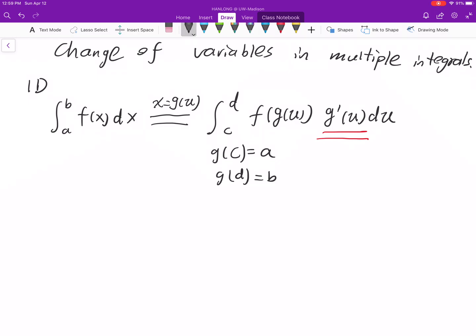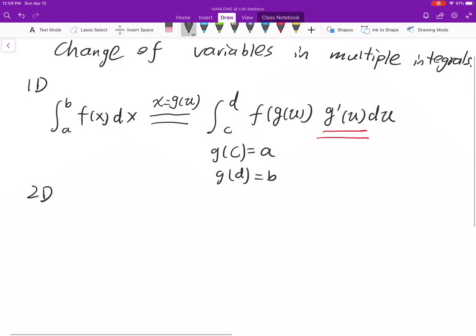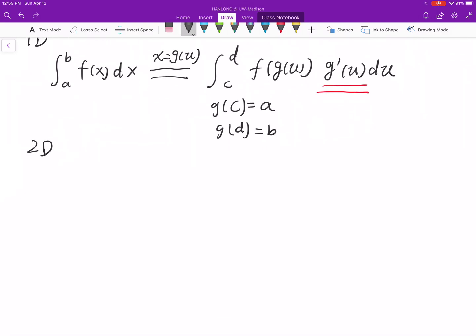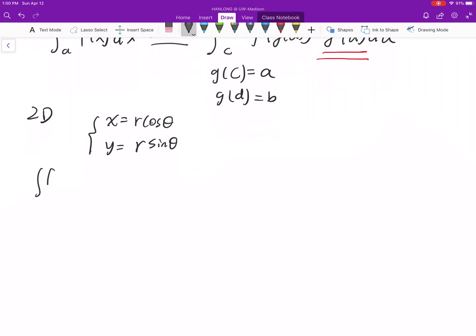Okay, then in 2D, we have some similar special case, which is known before, that is polar coordinates. Suppose you have x equals r cosine theta, y equals r sine theta. Then the integration of the two-variable function f over a certain domain R can be transformed into the following form.